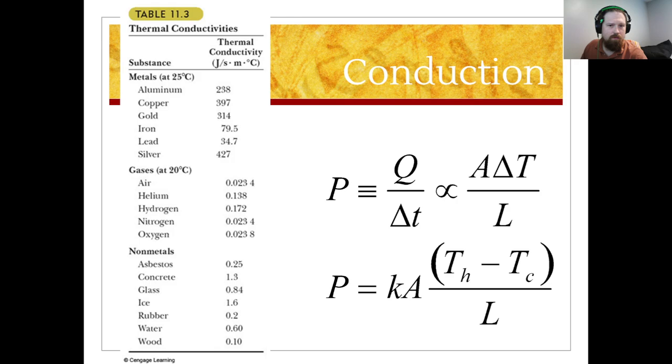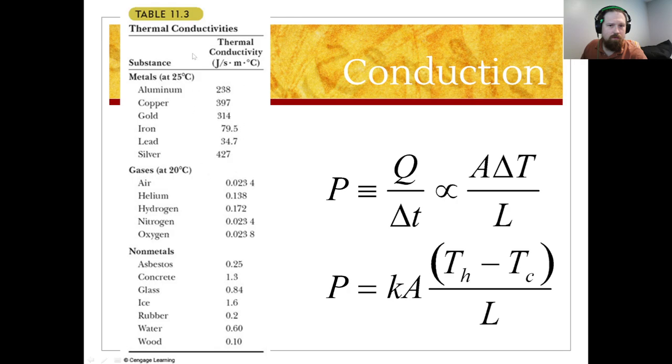So pretty much every specific formula that we've talked about so far has some weird specific constant in it that depends on the material in question. This is continuing that particular trend. So lowercase k refers to this table of thermal conductivities. Every different material has a different rate of thermal conduction.